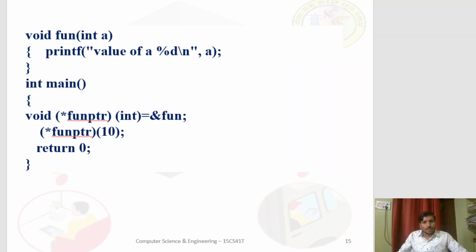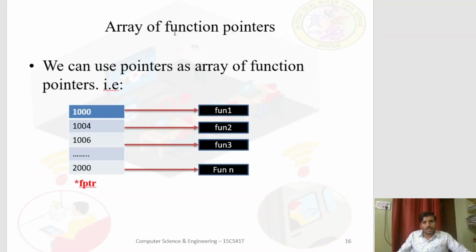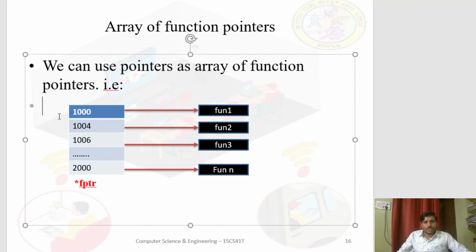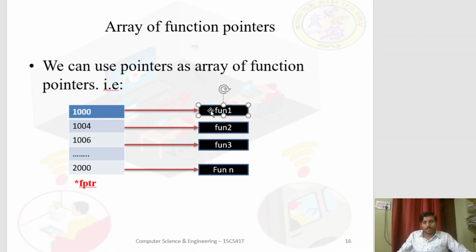Like array of pointers, we can have array of function pointers. We can use pointers as array of function pointers like this. We can have one array which is a function pointer, and each memory location will be having the definition or memory address of the function.